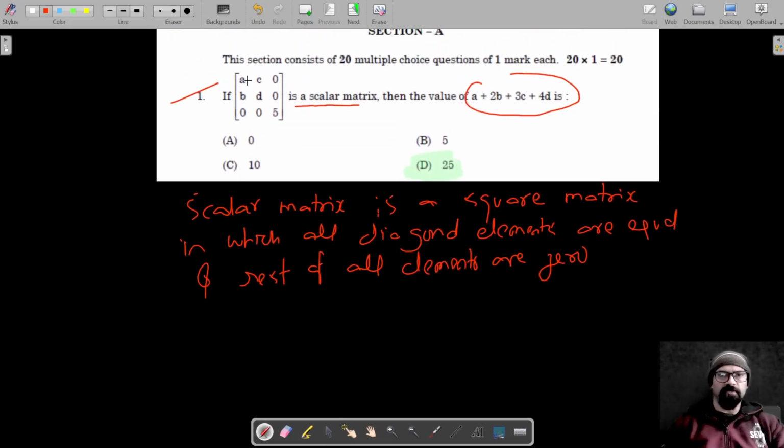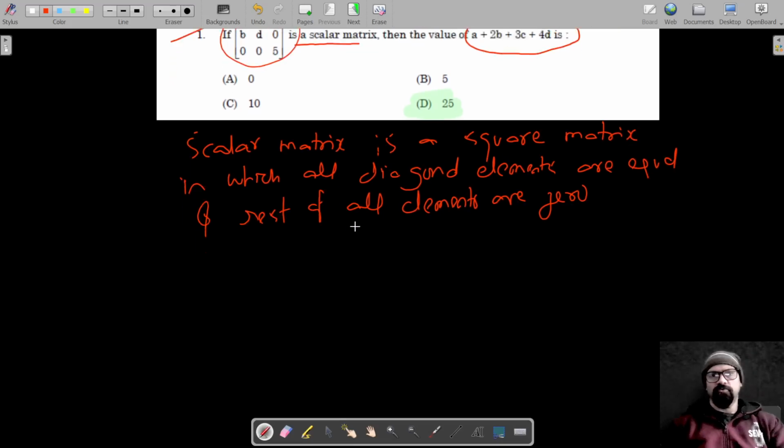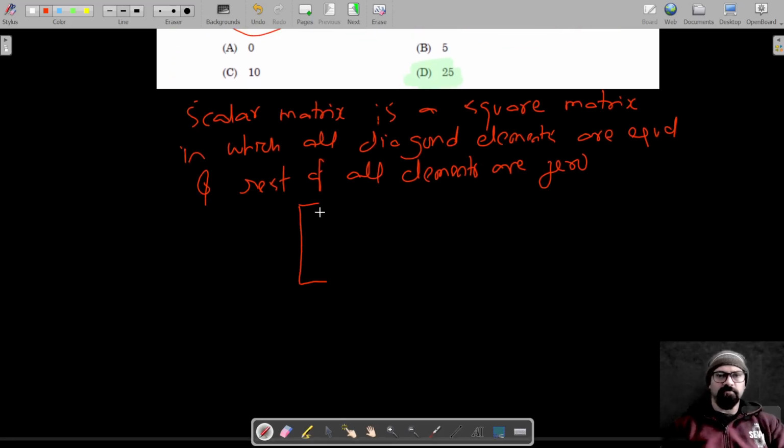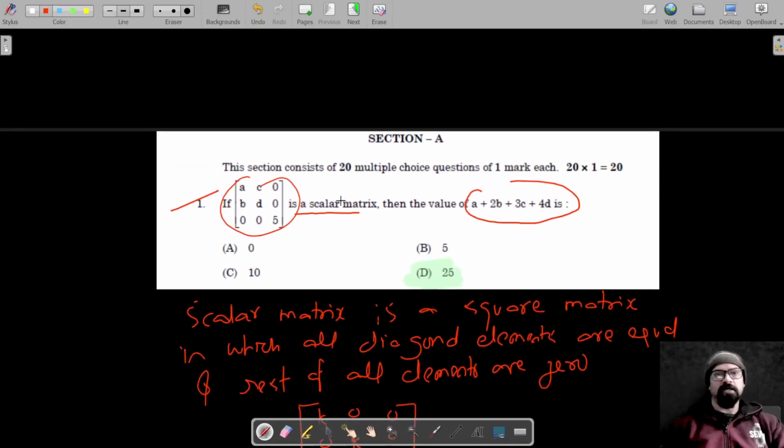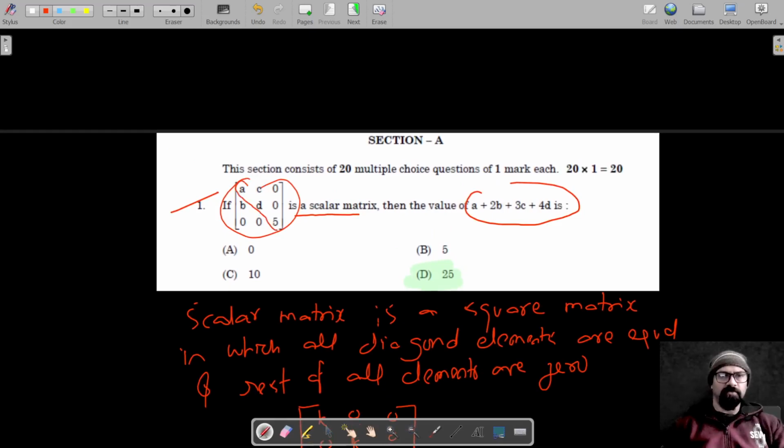So that means if it's a square matrix of order 3, then its principal diagonal elements will be all equal, let's say k, k, k, and all these other elements will be 0. So that means these are the diagonal elements.